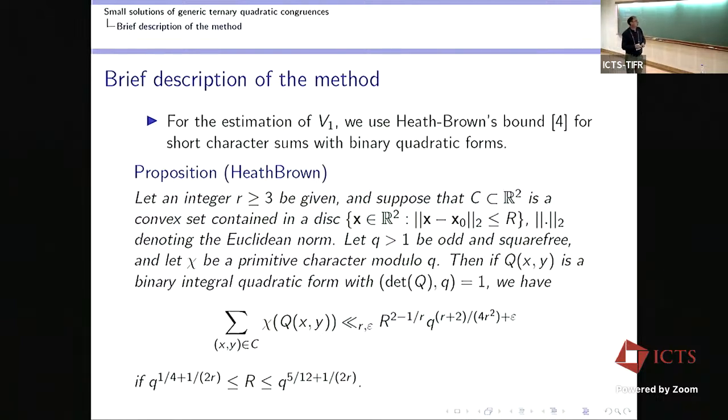And that works for a certain range. So that's precisely what we need for our result.